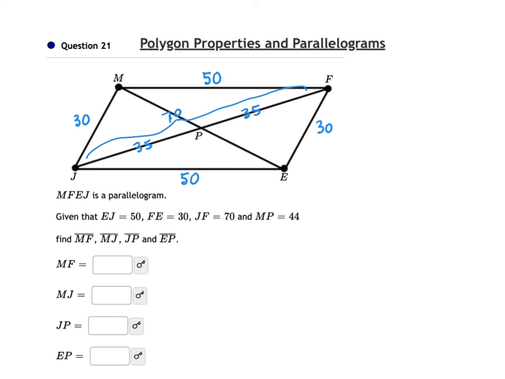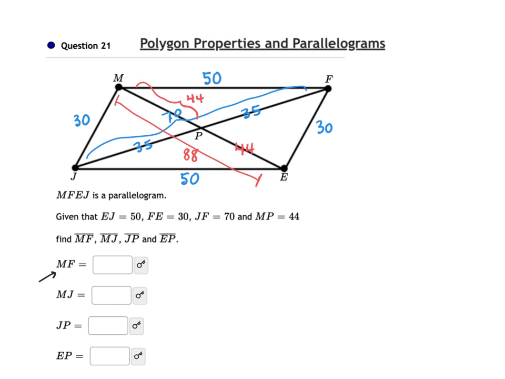And MP, I'll change colors, is this little piece right here. It's 44, which means this piece is 44. And this entire diagonal from here to here would have been 88.